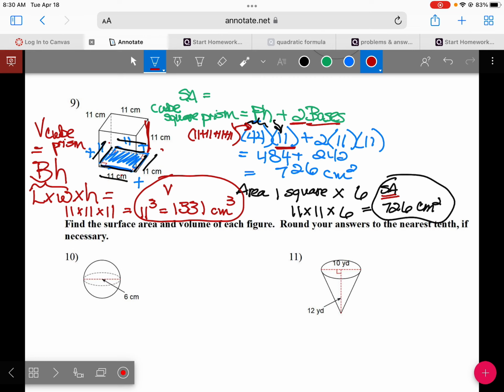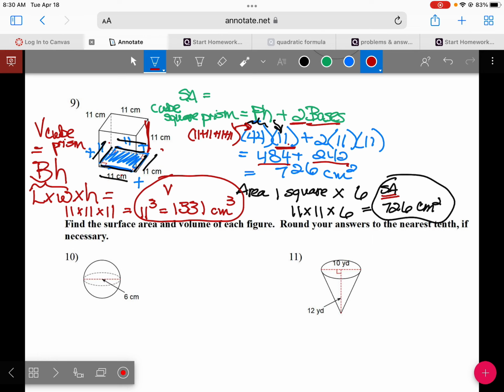So 44 times 11 gave us the 484. And then the bases are 2 of the bases in the shape of a square. And since the area of a square is 11 by 11, 2 times 11 and 11 is 242. Add them together for a total of 726. Okay? All right. Any other questions on number 9?